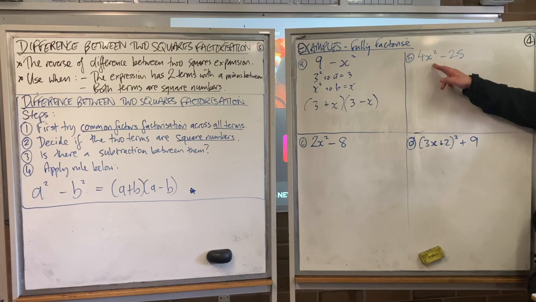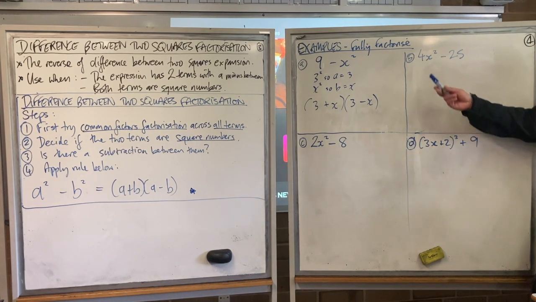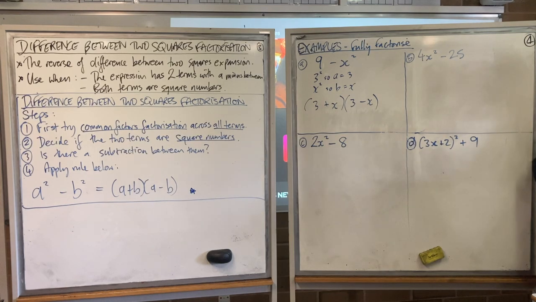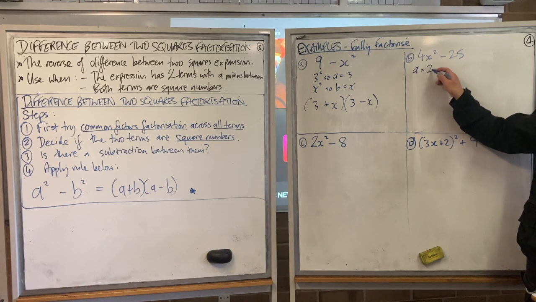Slightly trickier one here. First try common factors. There's no x's in 25. That's not going to work. 4 doesn't go into 25. So step 1 doesn't work. Are the two terms square numbers? Is there something that I could times by itself to get 4x squared? Yes. What would that be? 2x. Well done. So A is going to be 2x.